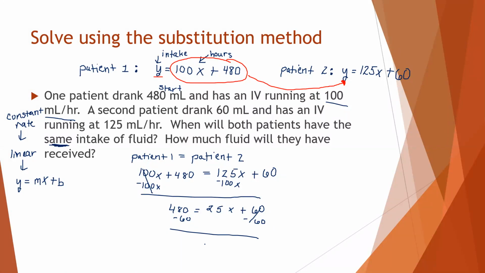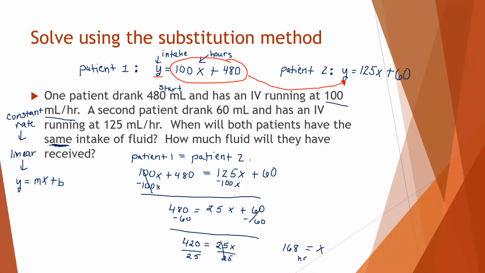And so I do the math, and I have 420 is equal to 25x. So my final step is to divide by the 25 on both sides to get the x truly by itself. And when I do that, I get that x is equal to 16.8 hours.